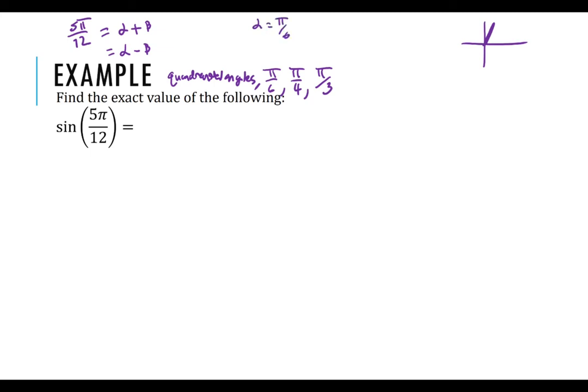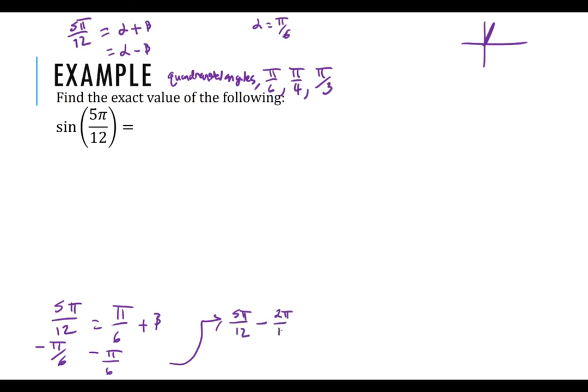Let's try that. If alpha is pi sixth, then 5 pi twelfths is equal to pi sixth plus beta. Well, how about you subtract pi sixth? Subtract pi sixth, that gives me 5 pi twelfths minus pi sixth, which is really 2 pi twelfths, is equal to beta.